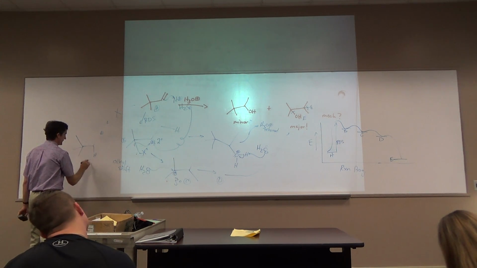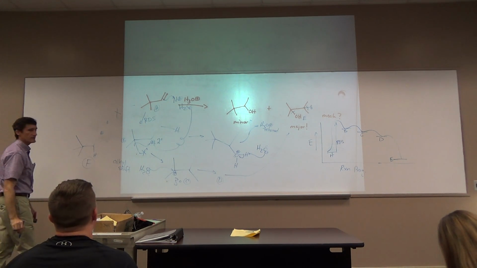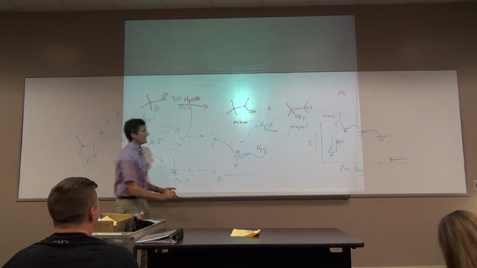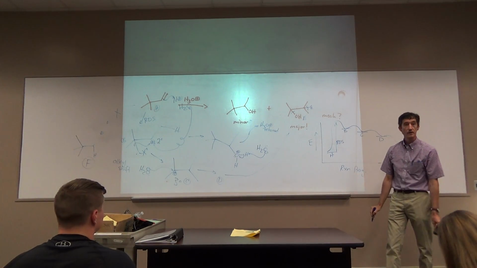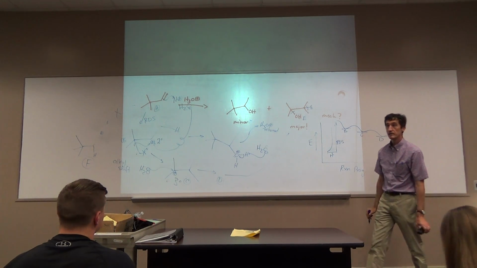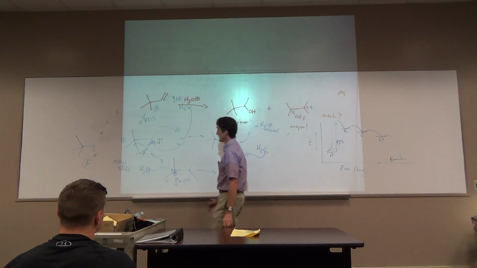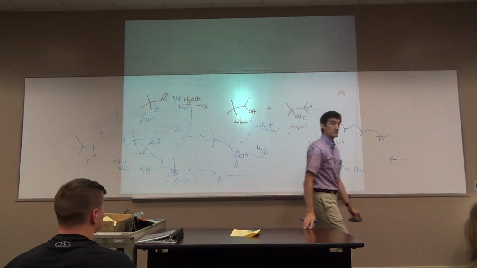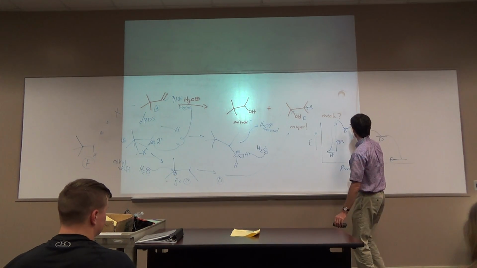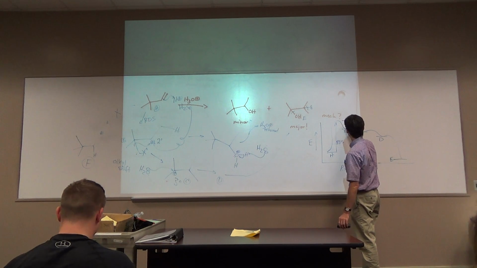We'll give this an F grade because we don't get that cation. But if we had plotted F here, where would we have plotted F compared to B? B is secondary. F is primary. Primary would have been higher. So primary would have been like here.